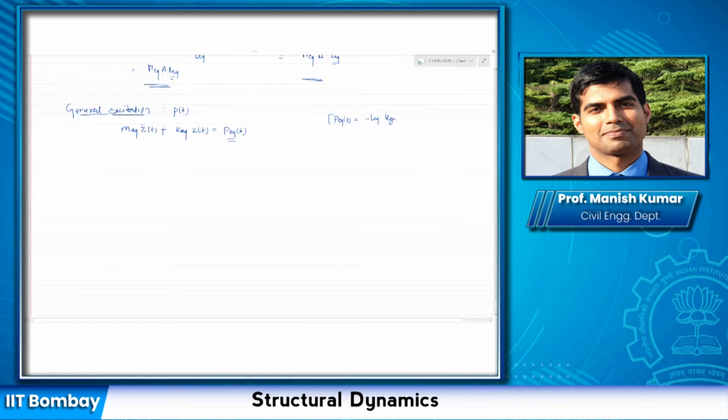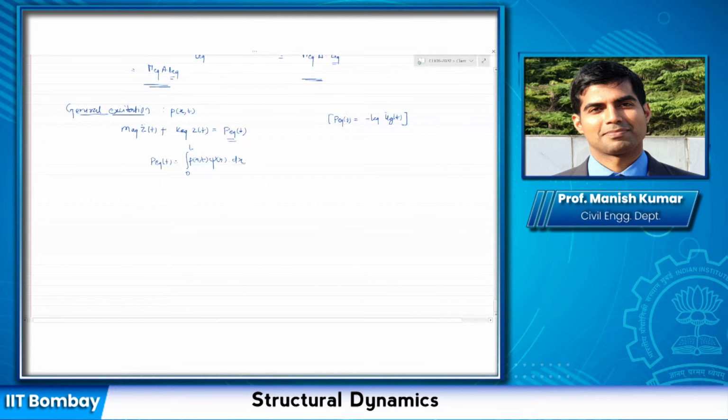But if a general excitation is given, this P equivalent t is nothing but whatever the p(t) function is that is given to you, times phi x times dx integrated over the whole length. And I should not say just p(t) because now it would be a function of x as well. So I will write it as p of x and t, and here also I will write it as p of x and t.